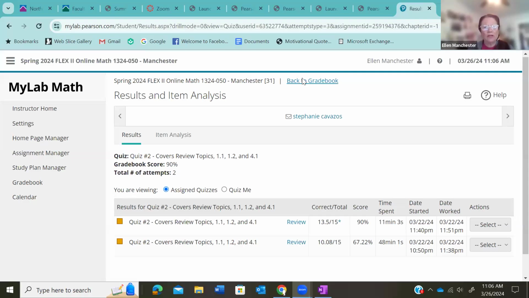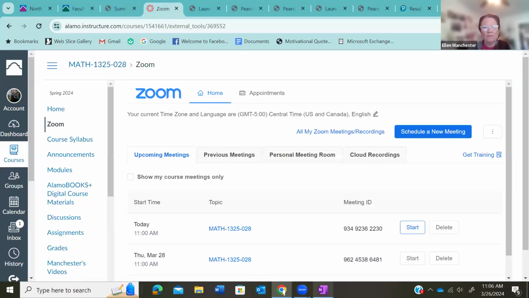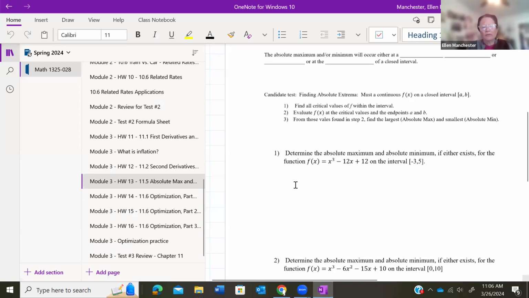So let me share my screen here. And I know I was talking to Nathaniel about one of the questions in your homework from last night. And in 11.2, there was one question that had a very specific type of question, and it had 11 parts. And I went back and forth about whether I should leave that in there, because I know it's a long process.